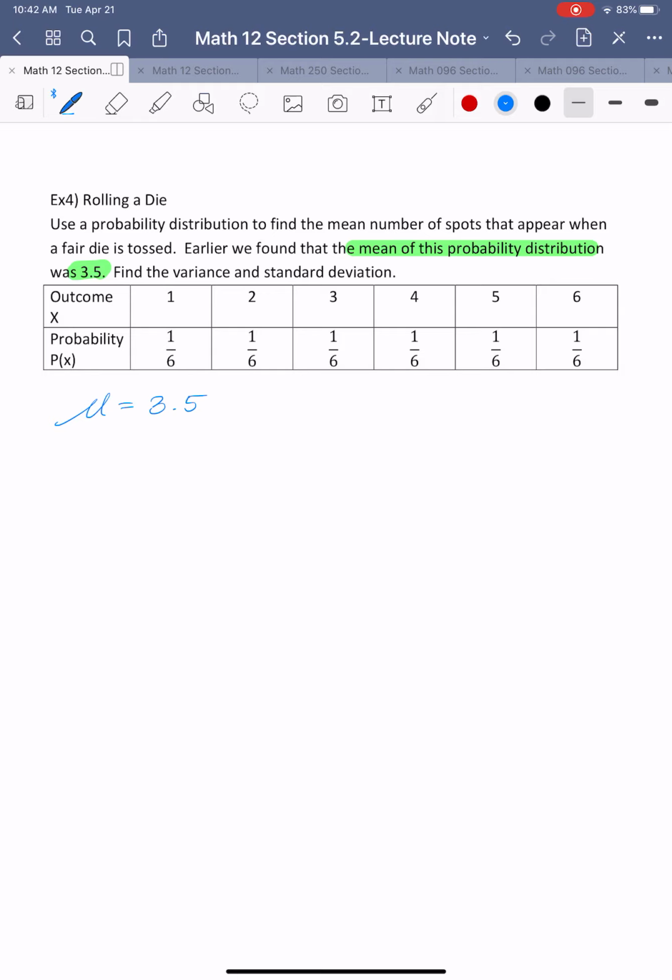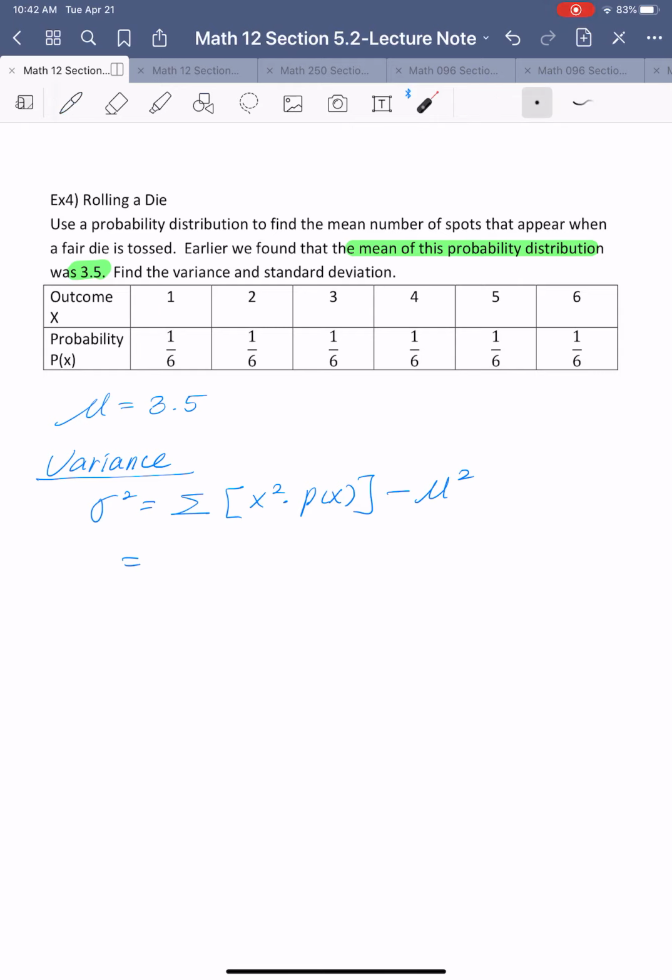For the variance first, we put sigma squared, which is the sigma of x squared p of x, and subtract mu squared. The first term of the computation is that we square all the x's and then multiply by each of the probabilities, and subtract mu squared.